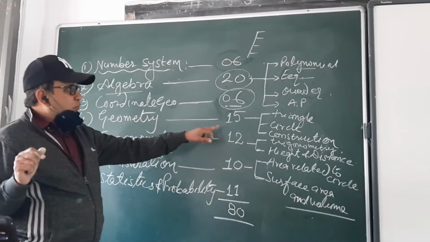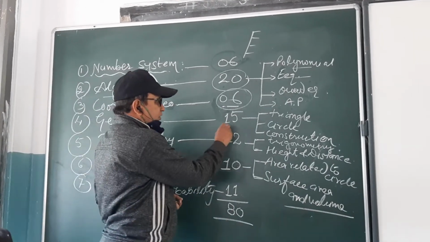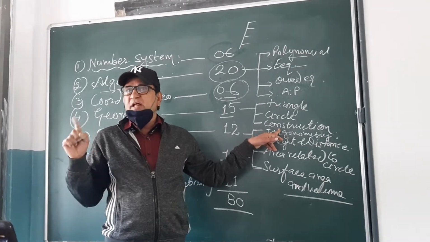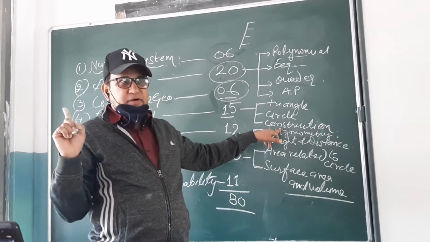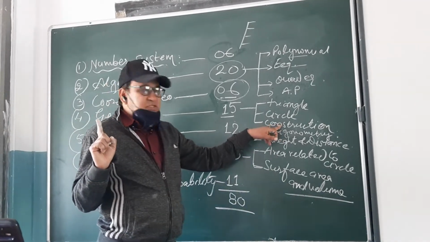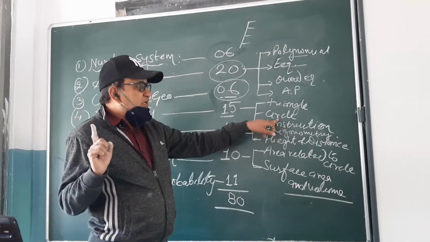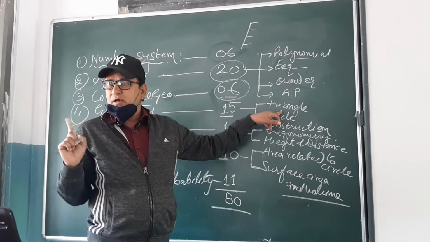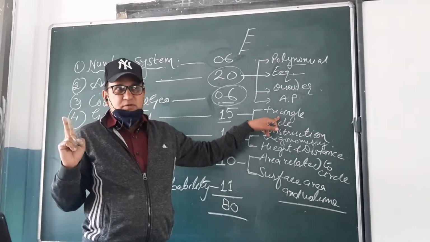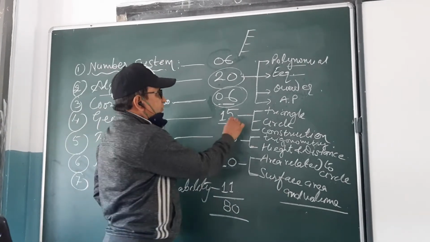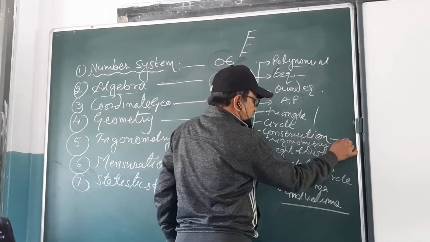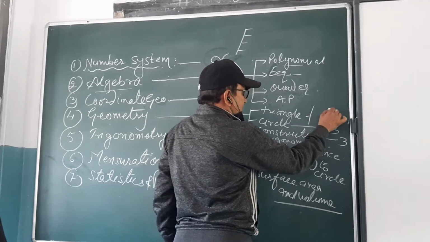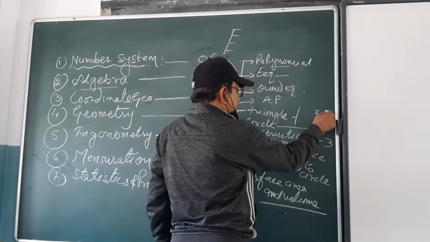Then geometry. Okay, now you see the 15 marks here. One is construction, and only tangent, because similar triangle is already deleted, right? So construction is 3 marks here. Then circle 3 marks, and then triangle. There are two problems there, 2 deleted. So now you can divide the 15 marks: 3 marks construction, circle 3 marks, triangle 1 problem, 3, 6, 9.